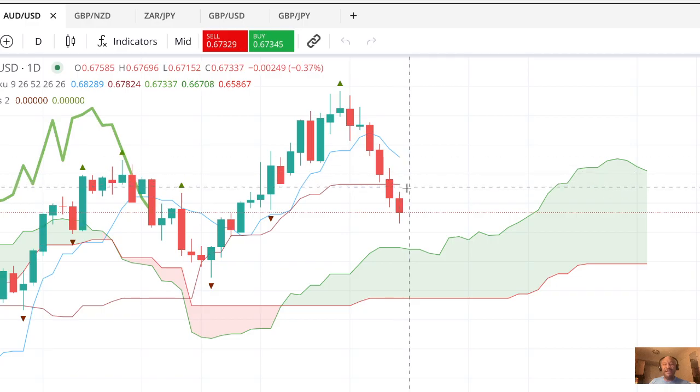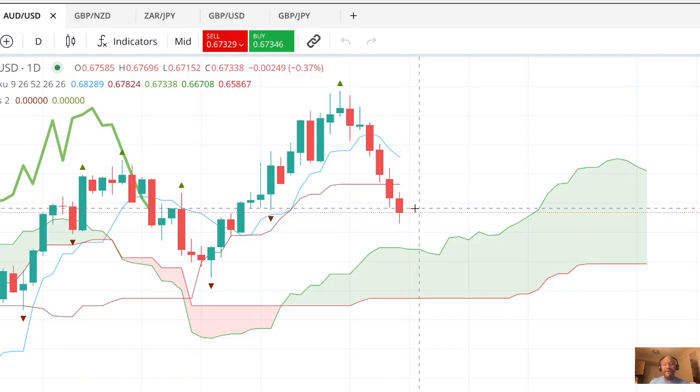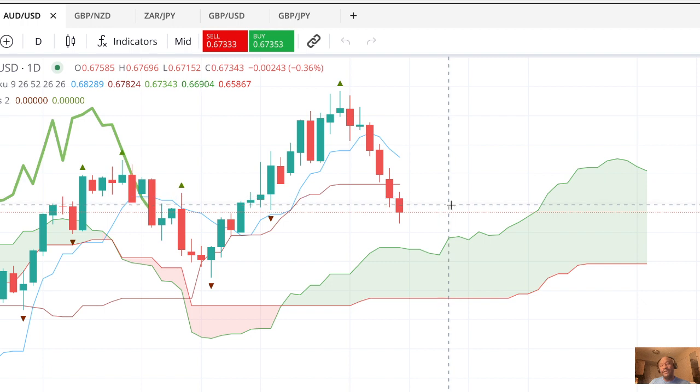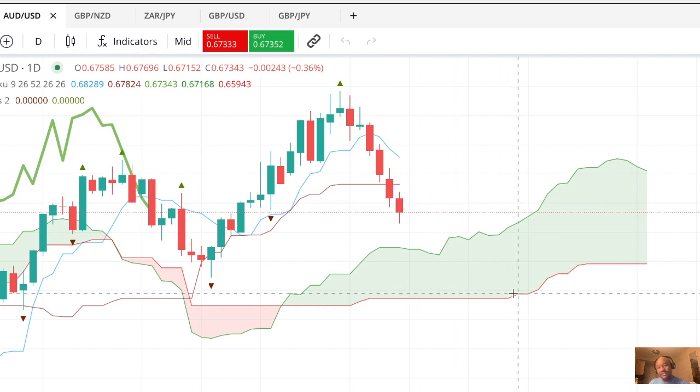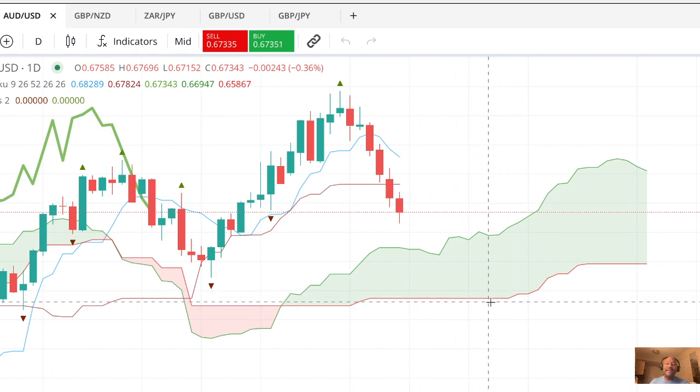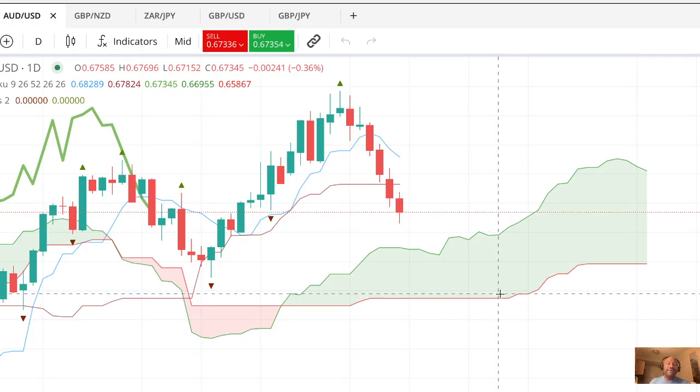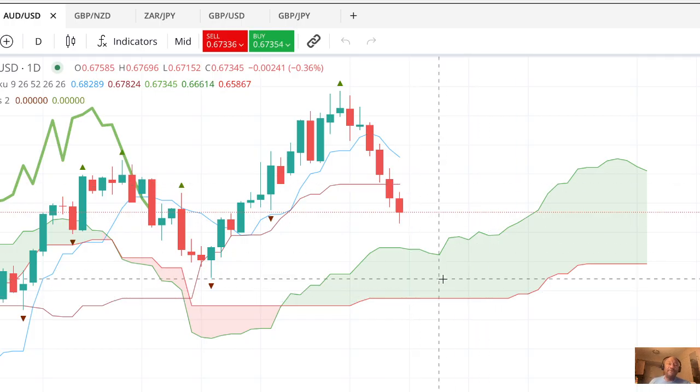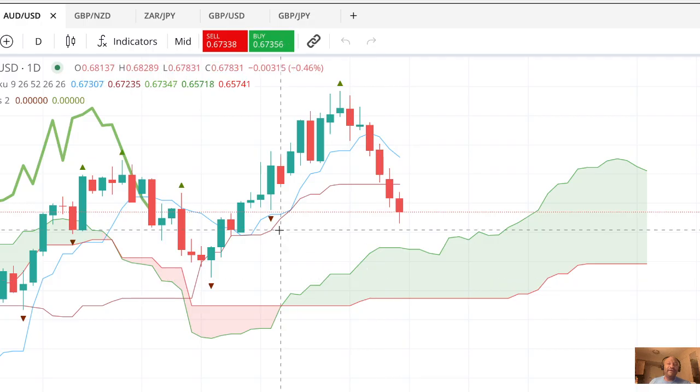Once it meets the baseline, it might put up a little fight. But what I mean by fight is you won't have much movement. It's going to continue in a tight range, and then it's going to continue to drop at least to the bottom of this cloud here. So you've got a lot of room to run with this trade. Very strong.